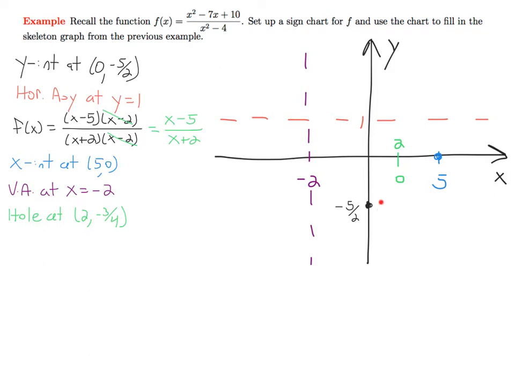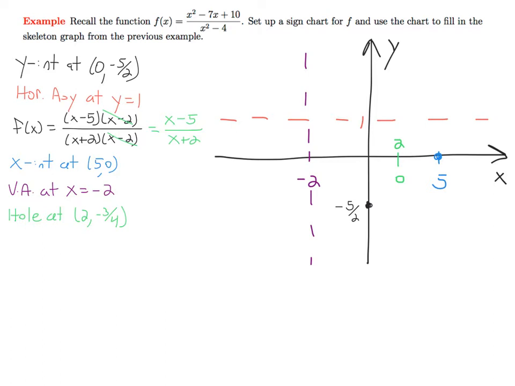So we got a y-intercept, horizontal asymptote at y equals 1, a vertical asymptote at x equals minus 2, an x-intercept at 5, and we have a hole at x equals 2 where the common 0 was for the numerator and the denominator. And so to fill this graph in, we can set up a sign chart.